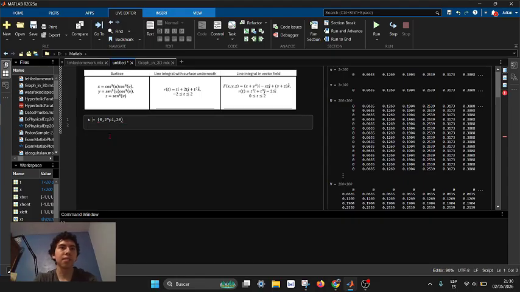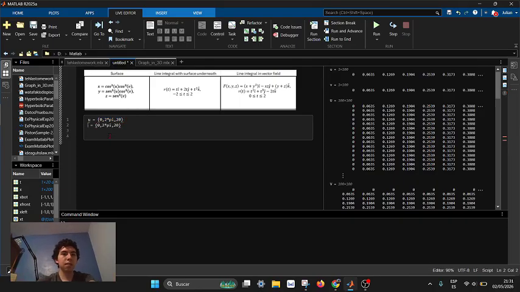What this does is create an array from this value to this value with this amount of values in that array. So we're going to do that for both of these.